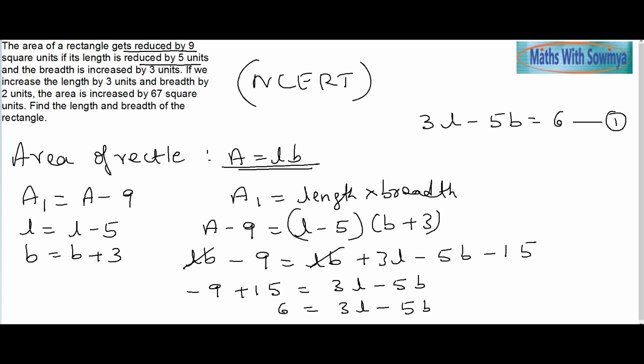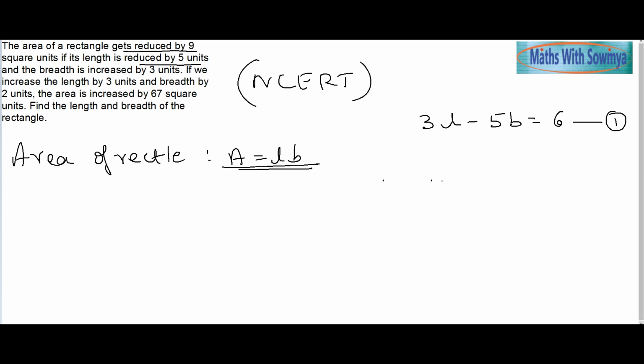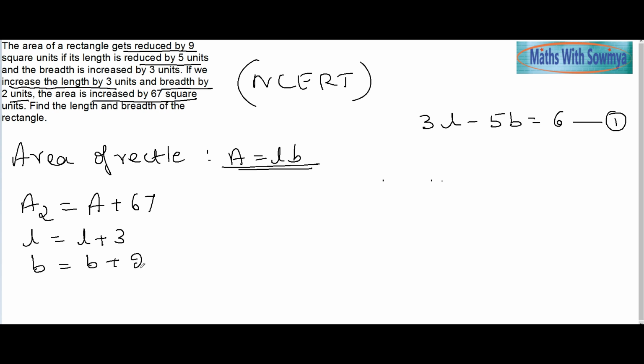I think you all got this. Now, let us check case 2 of the data they have given. Same way we are going to do that. Next one: if we increase length by 3 and breadth by 2, area is increased by 67. A2 will be area plus 67 when length is increased by 3 and breadth is increased by 2. A2 is once again length into breadth, so A2 is A plus 67.